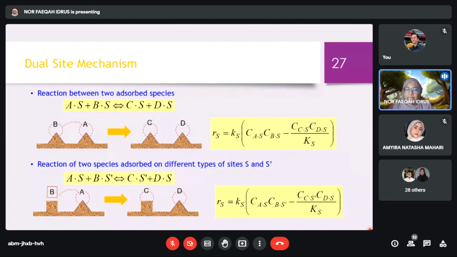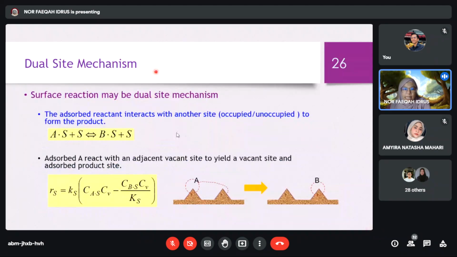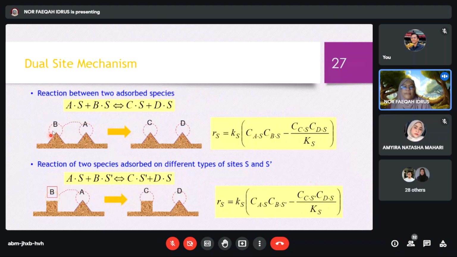And then another type of dual site mechanism. The first example of dual site was one adsorbed species but the product produced at another vacant site. Now, if the reaction involves two reactants, then there are two adsorption steps, because both reactants will adsorb on the active site.